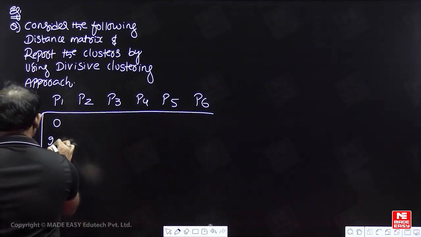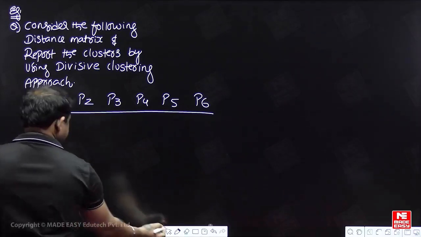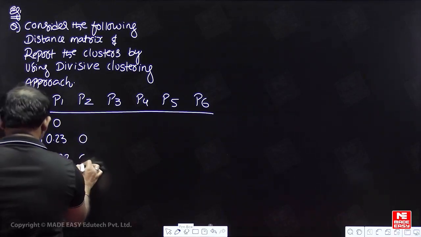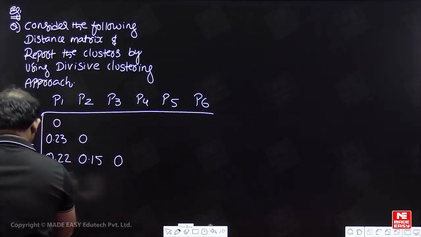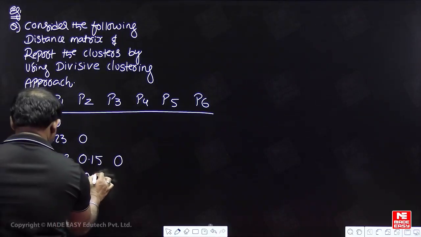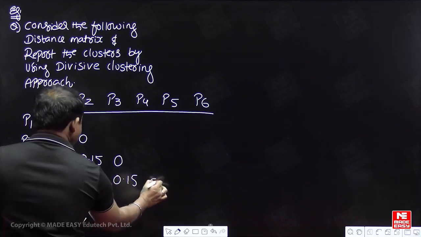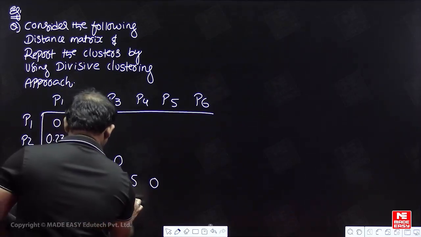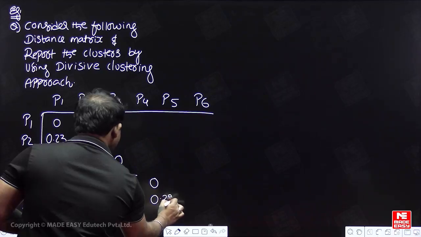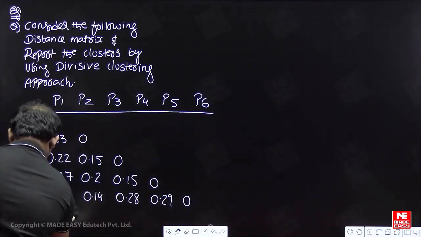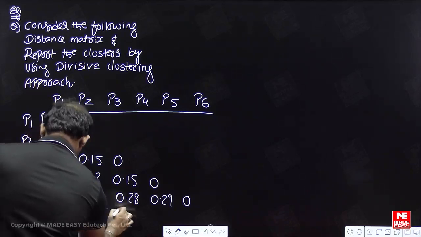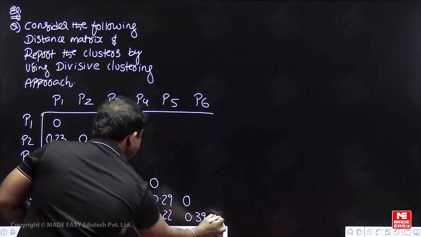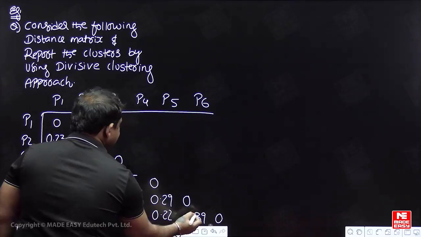So 0, 0.23, yes, this is the distance matrix given.